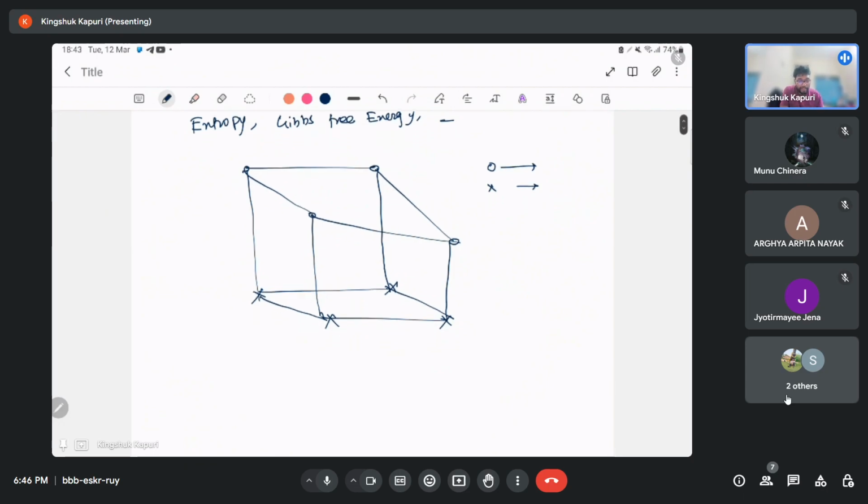Through this diagram, the bigger picture I am trying to tell you is that these small circles, or small atoms in the crystal structure, are bonded to each other, right?